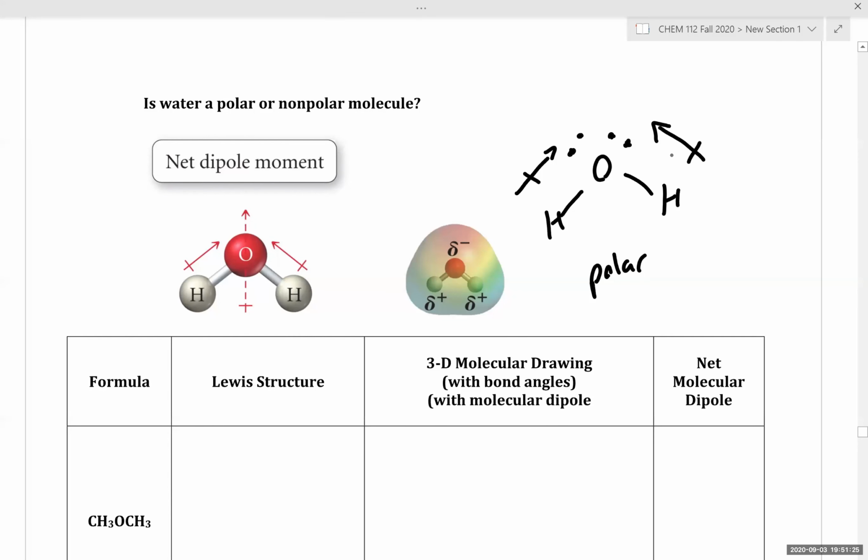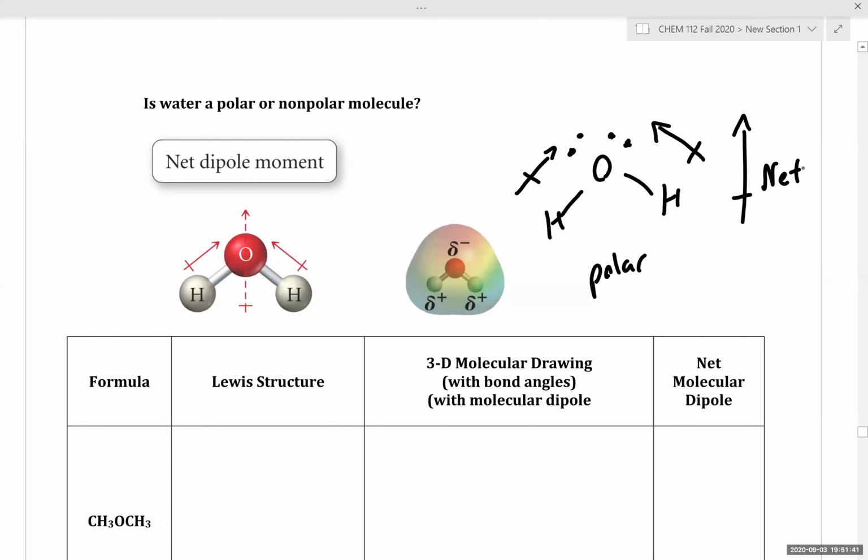Are they pointing up, down, left, right? Overall, if we look at both of these bond dipoles, what's the common direction? Up, yep. So we draw our net dipole as pointing up. Exactly right.